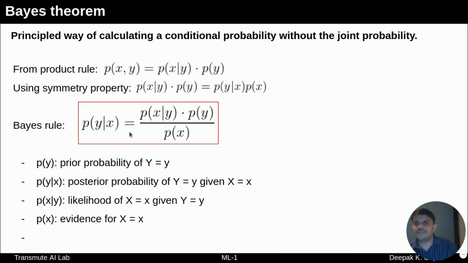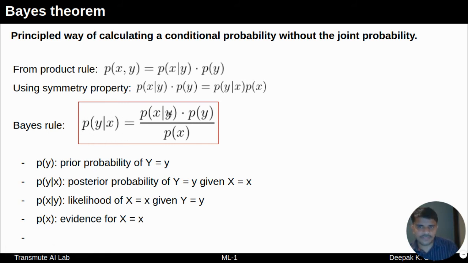Now here in this equation, the p(y) term is referred to as the prior probability of y. The term on the left, this is called the posterior probability of y. We are interested in the distribution of y. So the conditional probability of the random variable y holding this value of y from the distribution when x is given, that is referred to as the posterior probability.